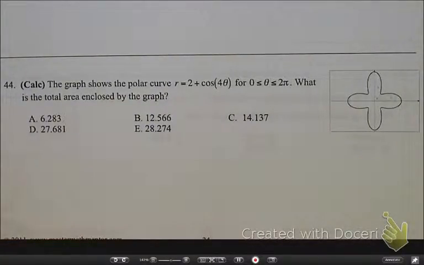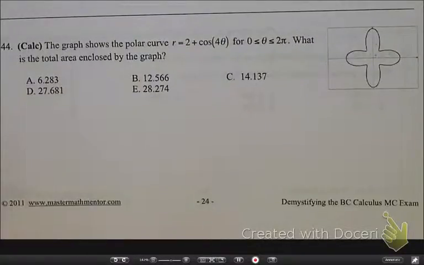So the graph shows the polar curve, and there is the equation for the polar curve for those values of theta from 0 to 2 pi. What is the total area enclosed by the graph? You just need to be able to set it up, what the equation should look like, and then put it into your calculator. Do you guys know how to find the area of polar graphs?